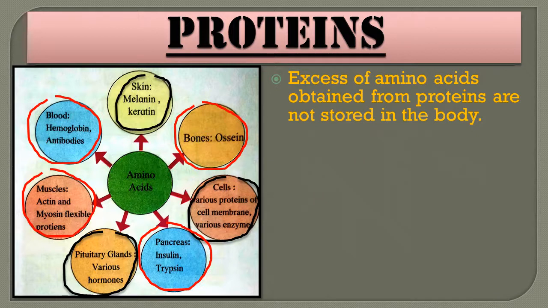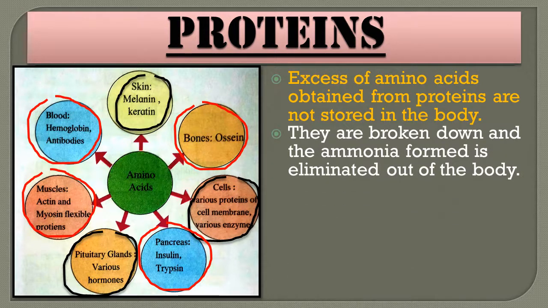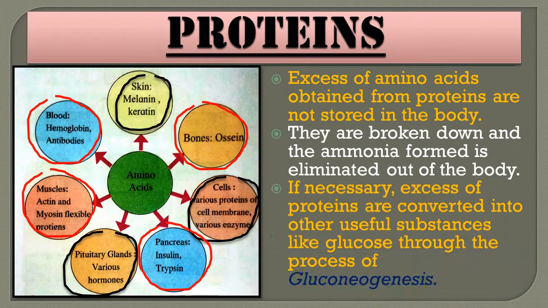Okay, so students, excess amino acids obtained from proteins are not stored in the body. We have seen in the previous slide that excess carbohydrate is stored in the body in the form of glycogen, but amino acids will not be stored. They are broken down and ammonia is produced, and that ammonia is eliminated out of the body through the excretory system.